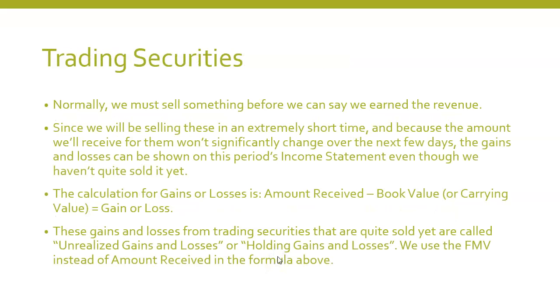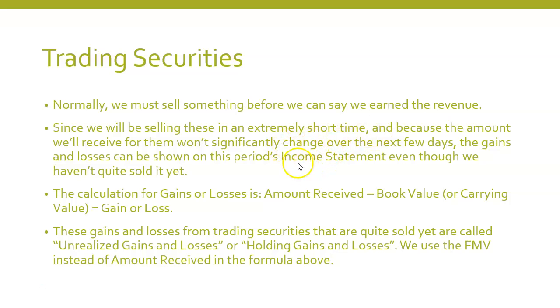Now let's take a look at trading securities. Remember, these are the securities that management plans on selling quickly. And typically we're talking about days, no more than weeks, but it can be a little bit longer than that, but typically we're talking days. Normally we must sell something before we say that we earn the revenue.